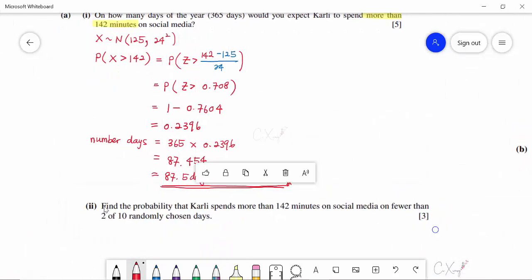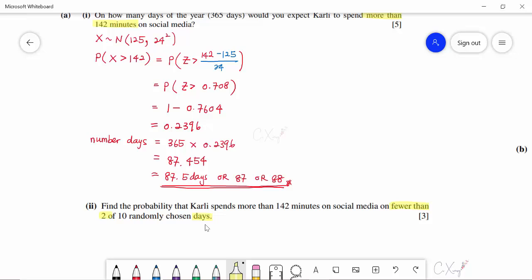For part number 2, they are asking, find the probability that Carly spends more than 142 minutes on social media on fewer than 2 of 10 randomly chosen days. So now they are talking about fewer than 2 days.